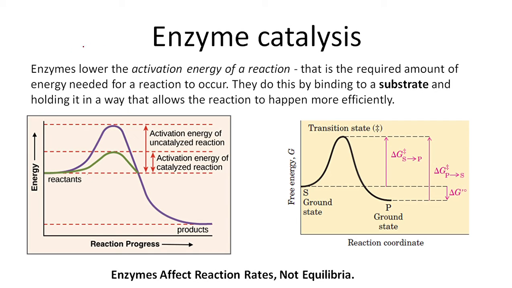So in general terms, we say that enzymes lower the activation energy of a reaction, that is the required amount of energy needed for a reaction to occur. They do this by binding to substrate and holding it in a way that allows the reaction to happen more efficiently. Means when we generally say this is an enzyme, okay, here a substrate is bound.